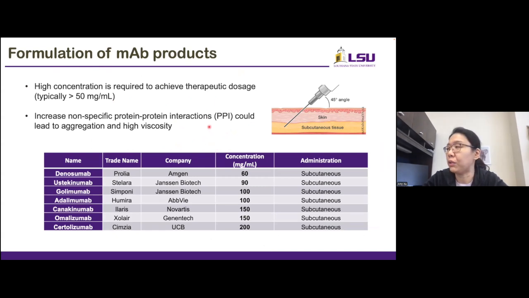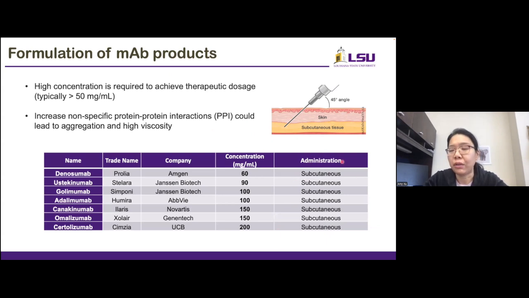When it comes to formulating antibody products, there's a big drive for pharmaceutical companies to formulate them for subcutaneous injections, because it is convenient for patients. It can also avoid the production of medical waste if the patient has to visit the hospital every now and then for IV infusion. For subcutaneous injections, the antibodies will be packed into an injection device, for example an injection pen.